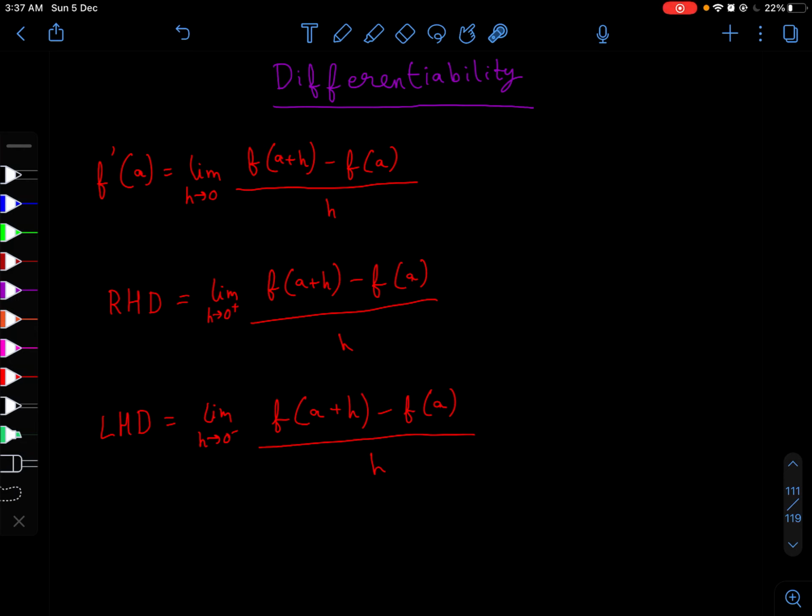So we're also going to talk about how we got these formulae, at least how I would try to derive them.